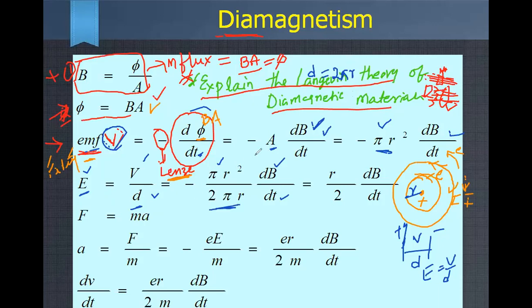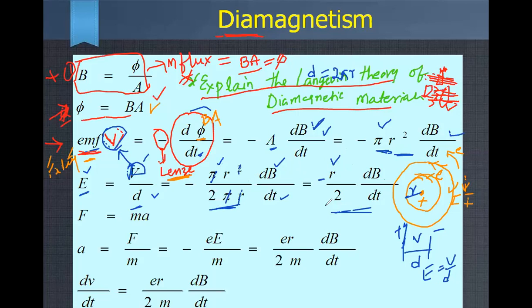So we substituted V, whatever we got here: minus pi r square dB by dt divided by 2 pi r. Then when I cancel pi and one r, I get r by 2, with the minus also there: minus r by 2 dB by dt. Is it clear up to this?